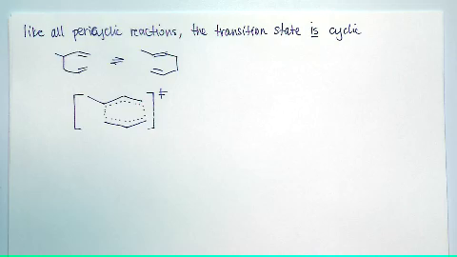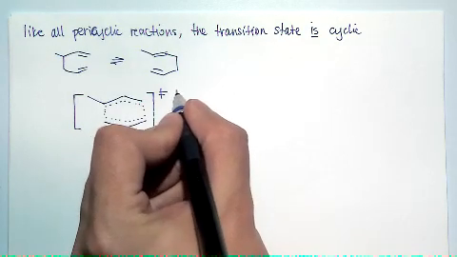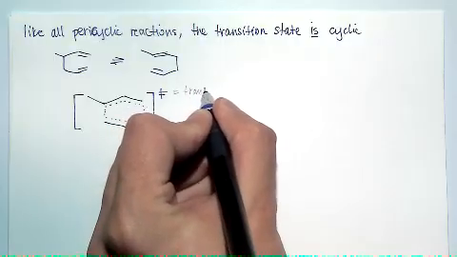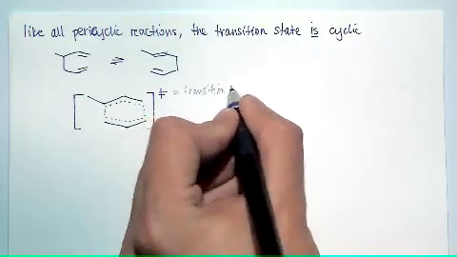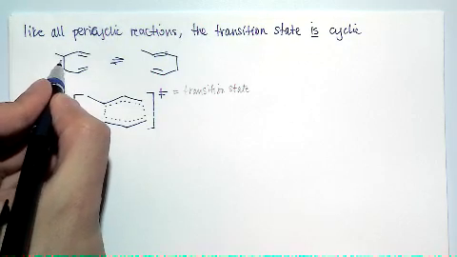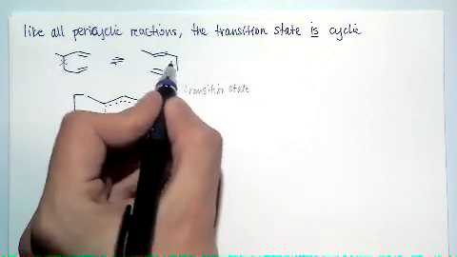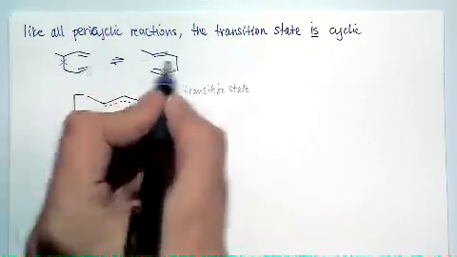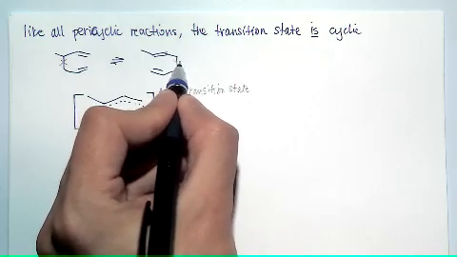That double dagger just means that there's a transition state, so that's what that is indicating. Okay, so if we look at the bonds that are formed and broken, and here I'm just talking about sigma bonds. This bond is going to go away, and this bond is formed in the reaction, so it's not there the whole time.